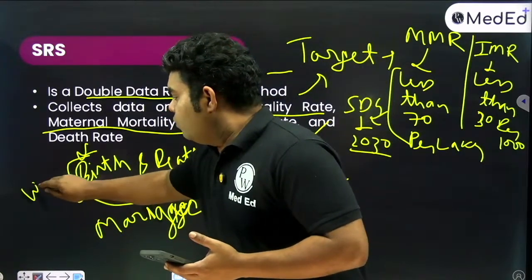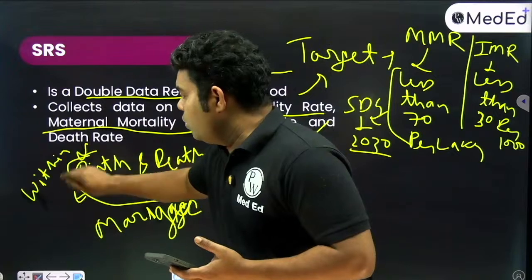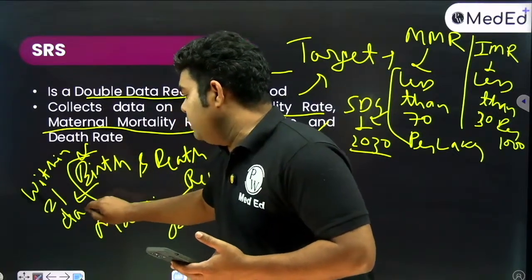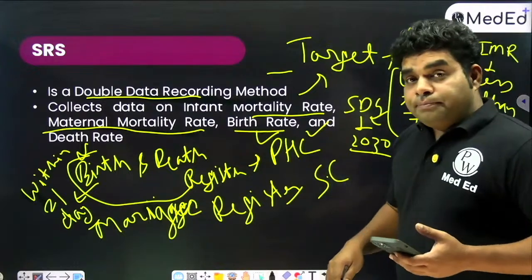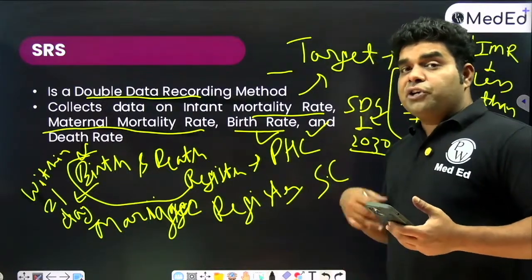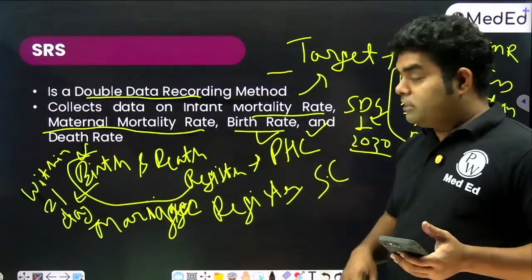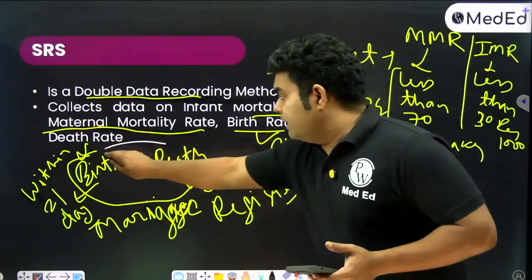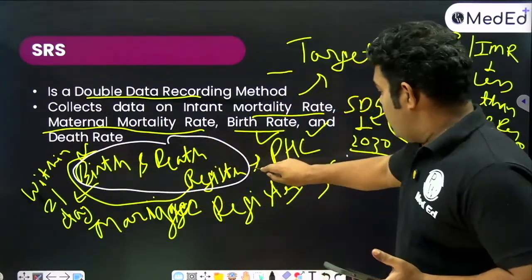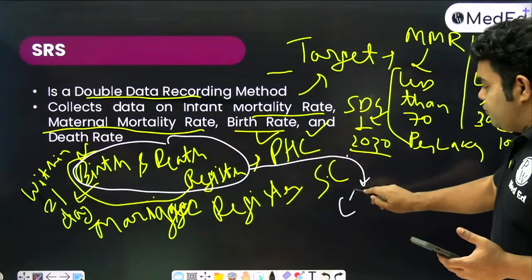Within 21 days, if you do not register birth and death, then a fine will be applied. They ask this question. And under which registration system do we report birth and death? Do remember this point, that birth and death are registered under the civil registration system in India.